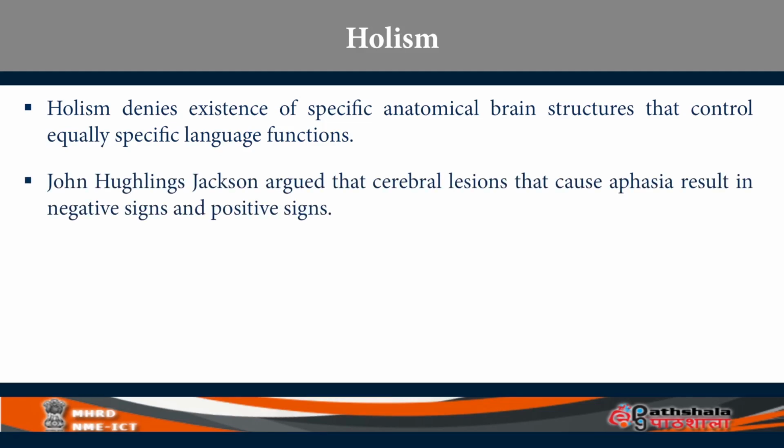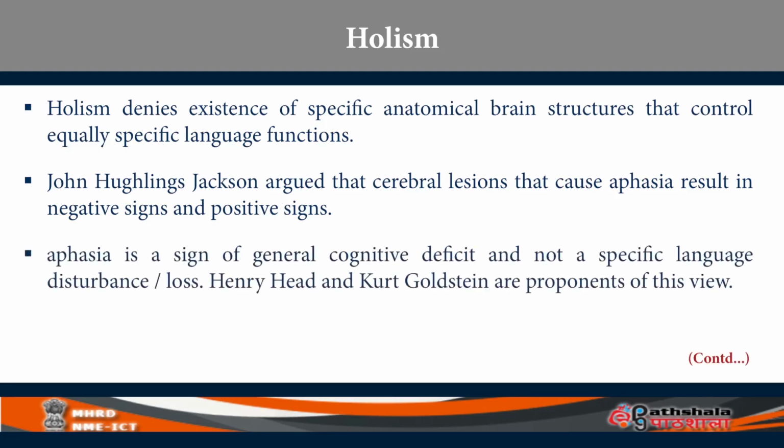Jakobson, who was a major proponent of holism, argued that cerebral lesions which cause aphasia result in what he called negative signs and positive signs. Aphasia is a sign of general cognitive deficit and not limited to language alone. Later, Henry Head and Goldstein also agreed with Jakobson and endorsed the holism approach.